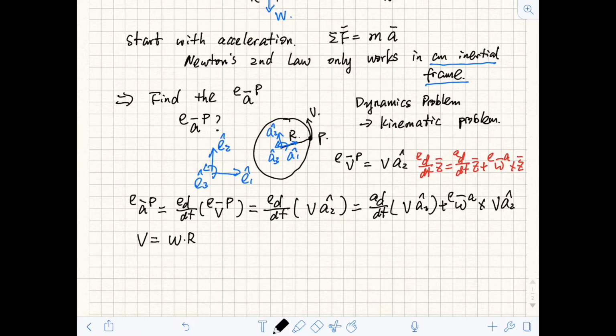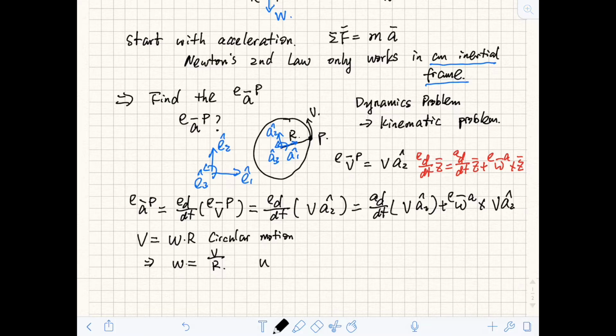This is only true for a circular motion. Then we have the angular rate equal to V over R. See, it's just solving for omega in terms of V and R.